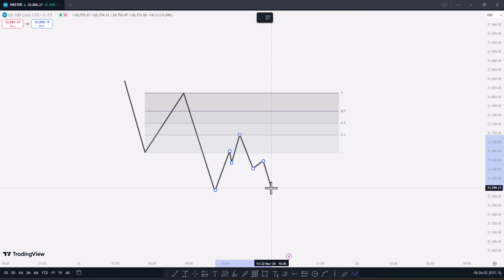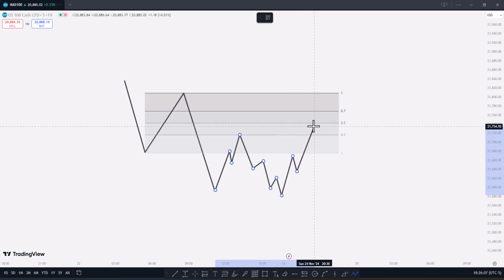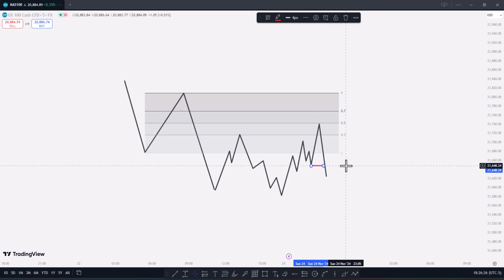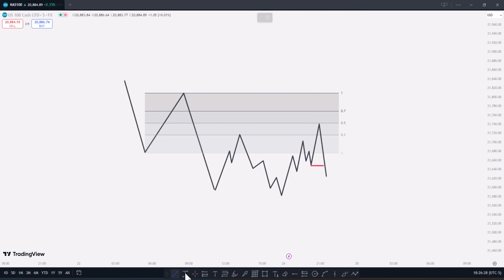Start trading lower, breaking this like this here, and then the sweep of this high, the first stop here, and then what happens is that we break this zone.